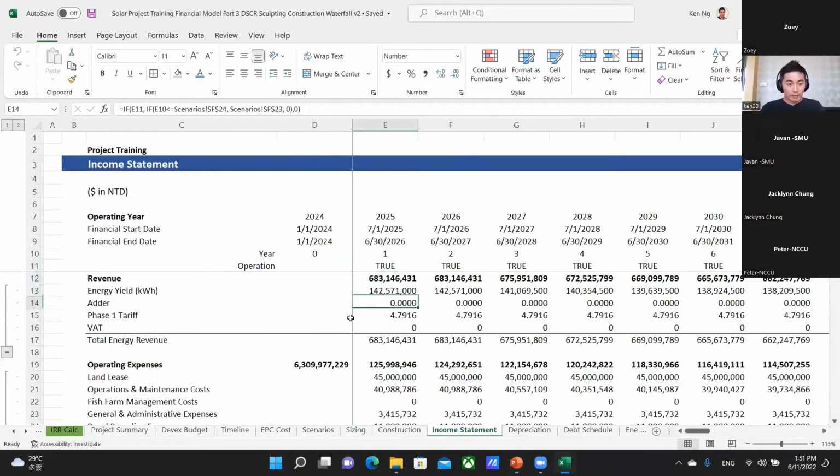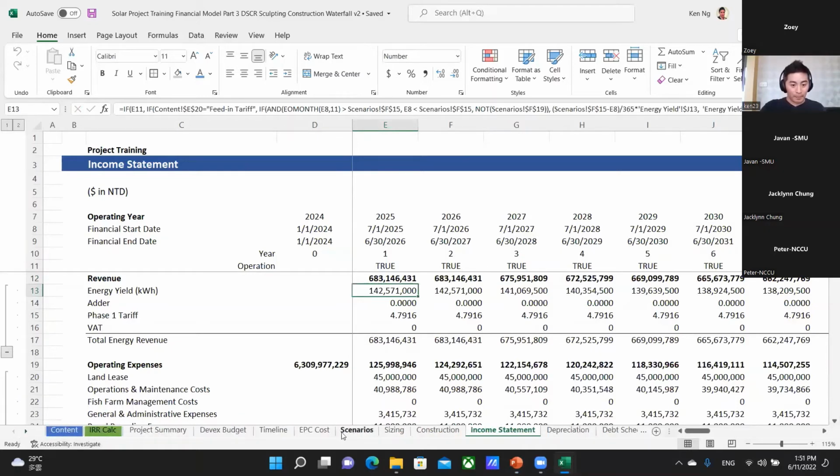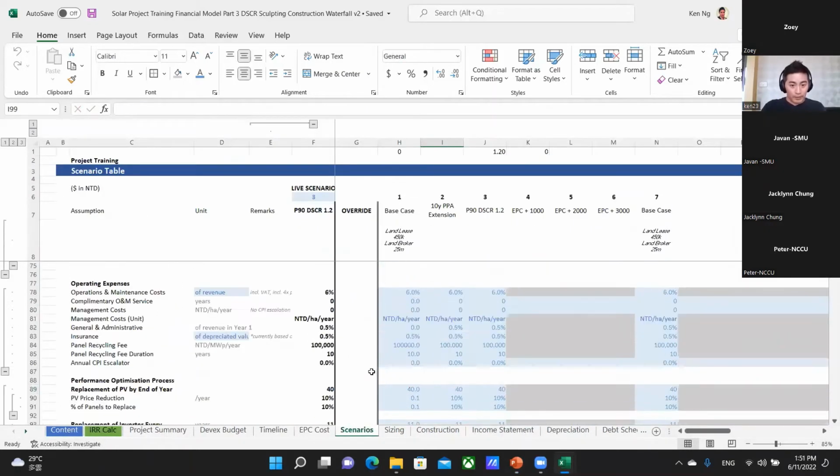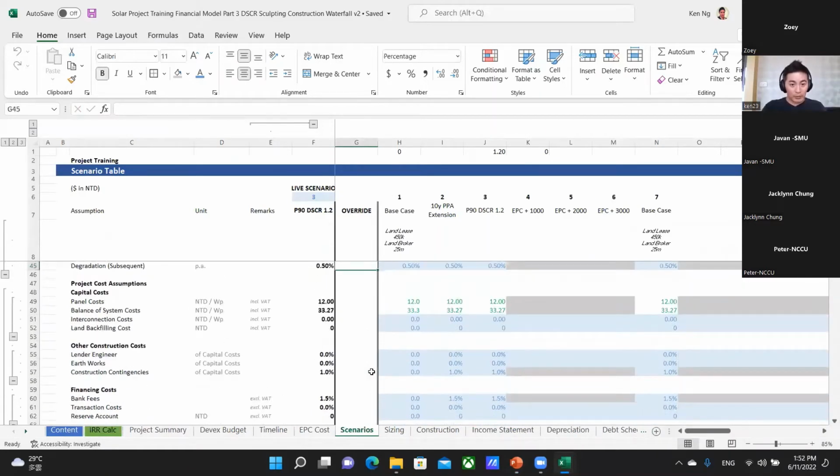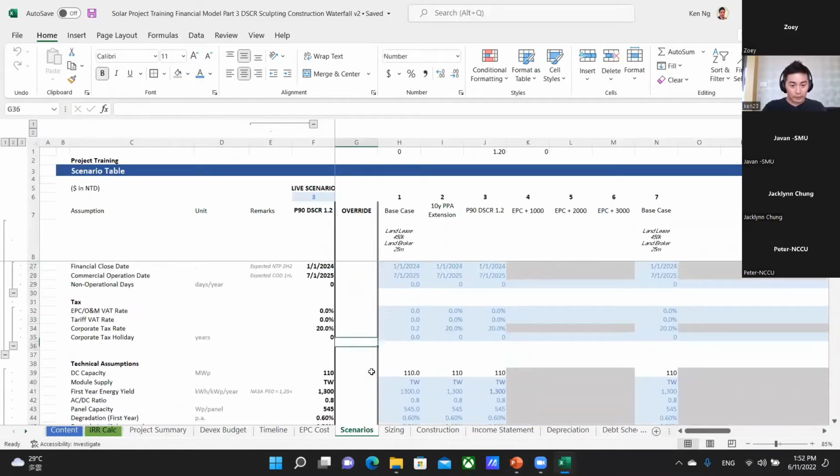In terms of the income statement, the top line is obviously the revenue, which is based on an energy yield. The energy yield is, as discussed, related to the energy yield assumption here, the 1300, right? So 1300, which the unit is kilowatt hour per kilowatt peak per year.